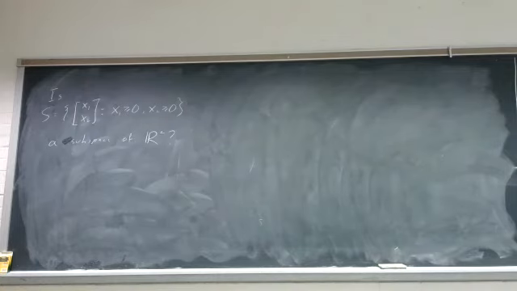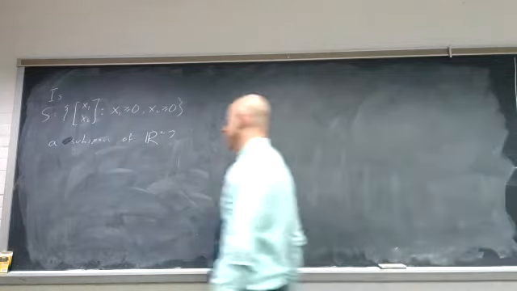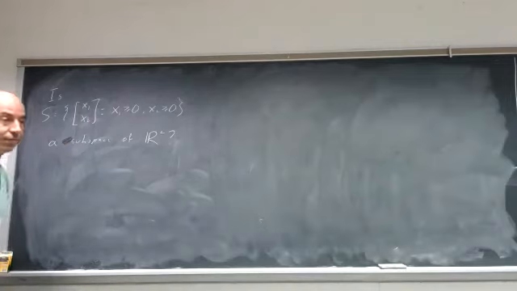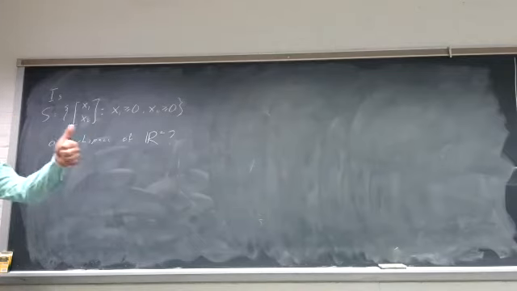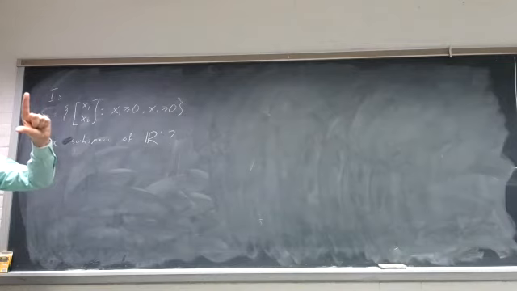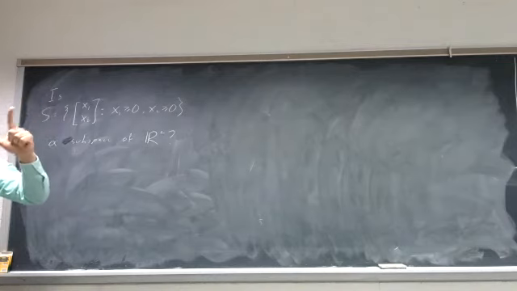Do you need to check whether it's closed under addition and scalar multiplication? And what's the third thing? The third one's the easiest one. You've given the two hard ones.